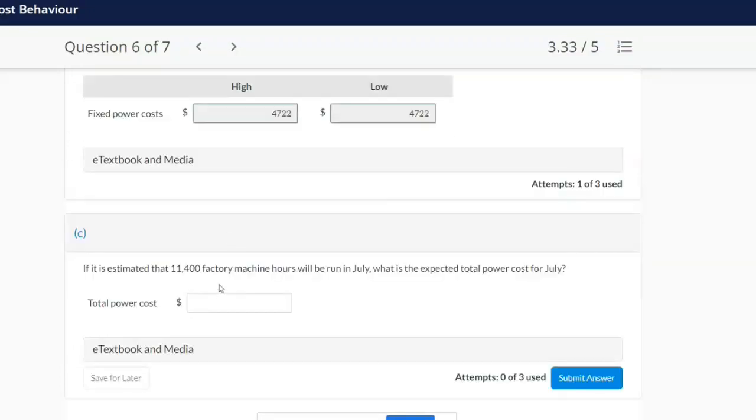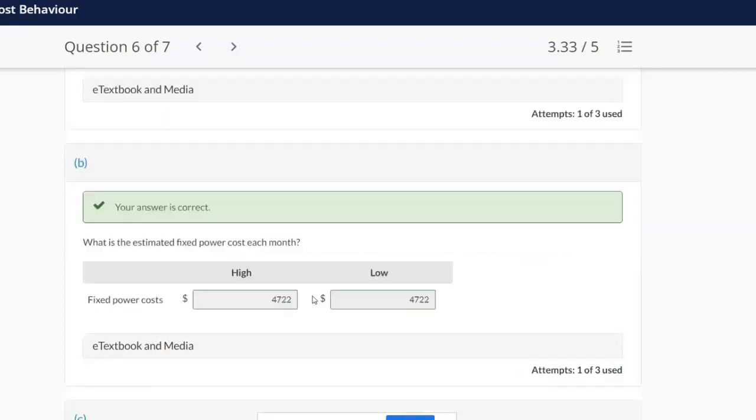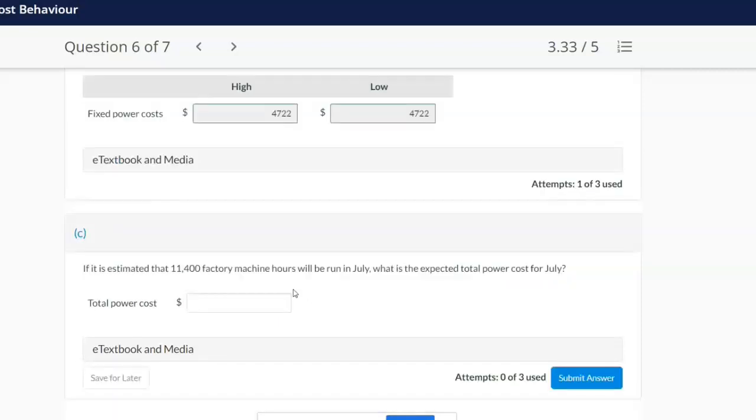If it is estimated that 11,400 factory machine hours will be run in July, what is the expected total power cost for July? What's the fixed portion? 4,722. And the variable portion would be 11,400 times 1.46.